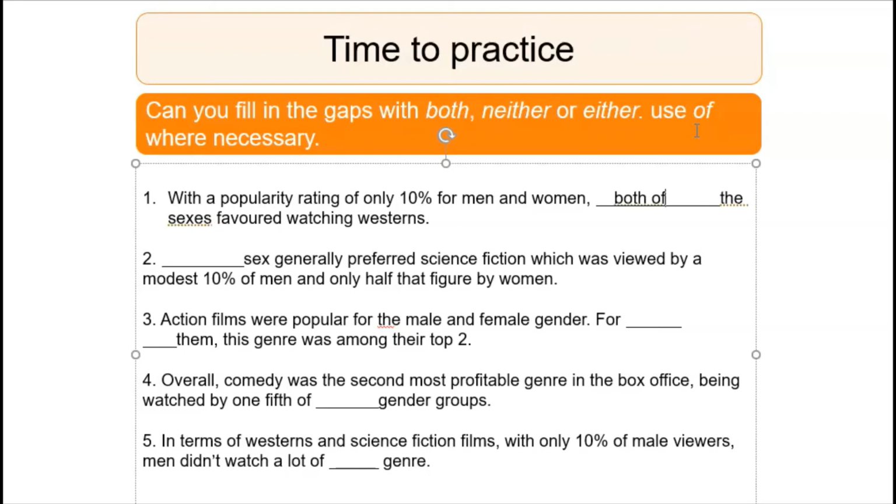How did you do? Number 2, sex generally preferred science fiction, which was viewed by a modest 10% of men and only half that figure by women. Okay, so 10% is low, right? And only half that figure by women, so only 5%. That's even lower. So what is similar here is, did men and women prefer science fiction?